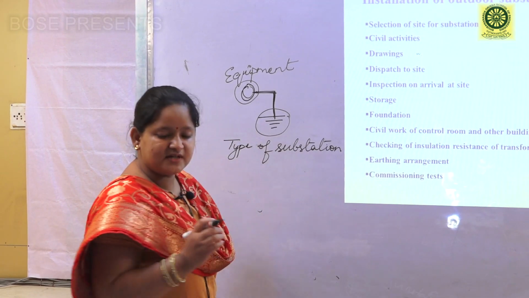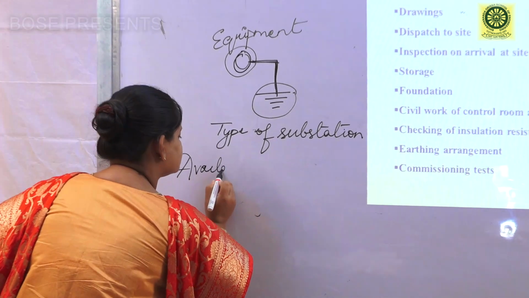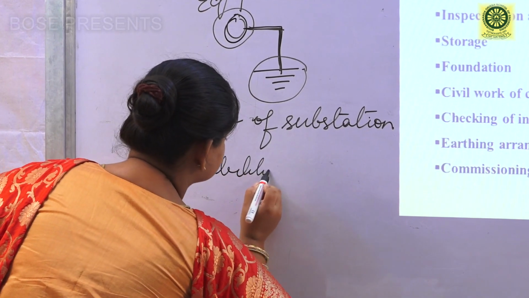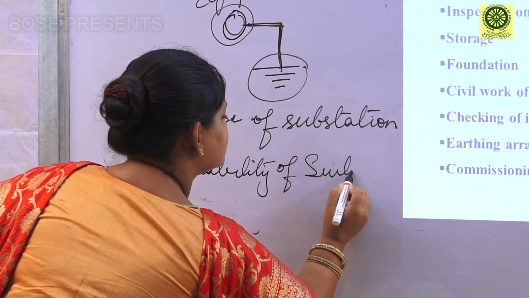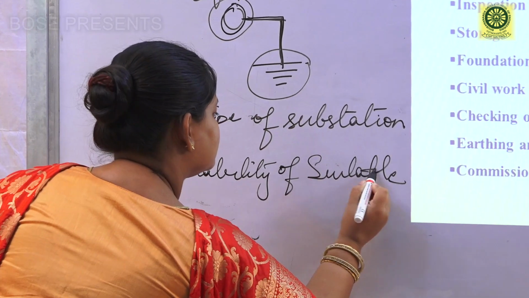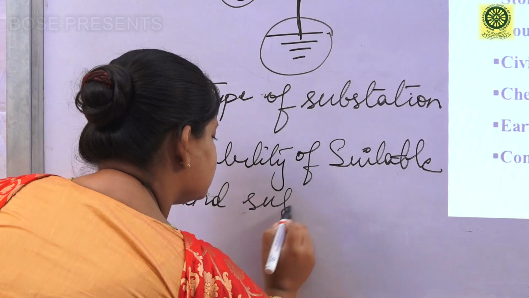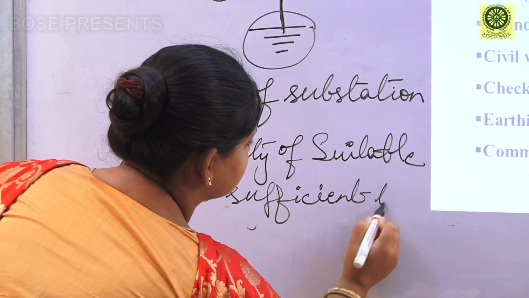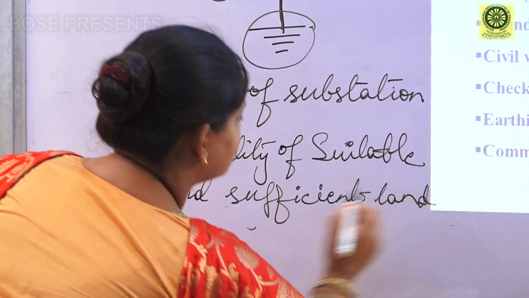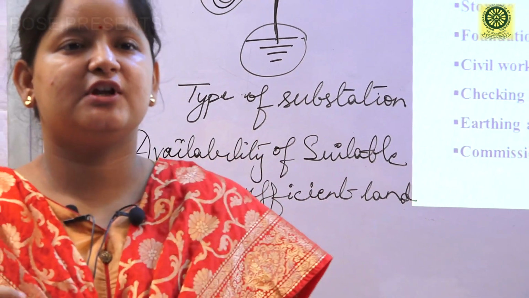Then we come to availability of suitable and sufficient land. This means whether the land is suitably available or not.